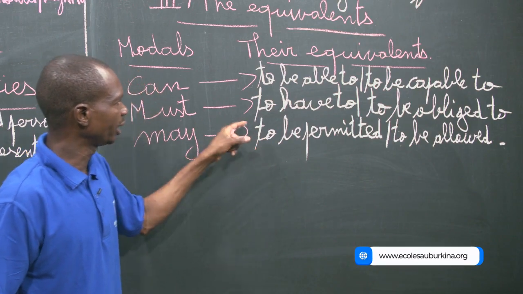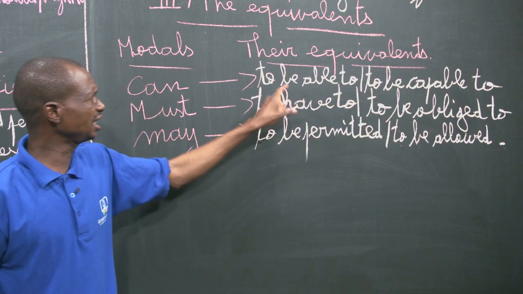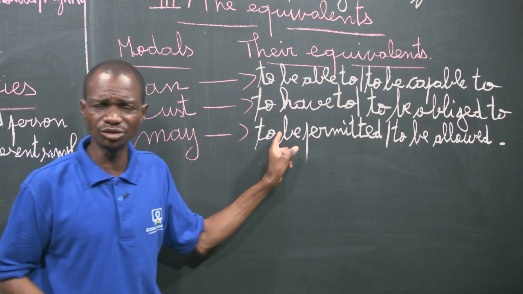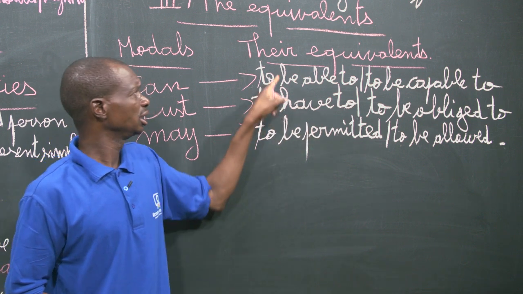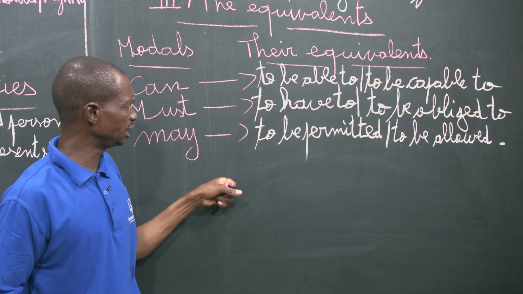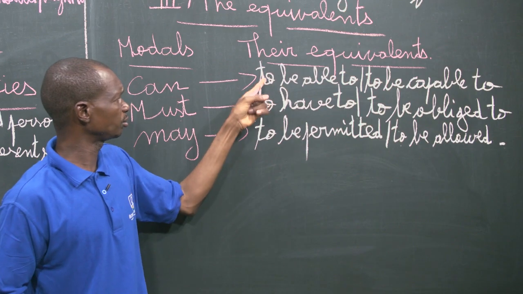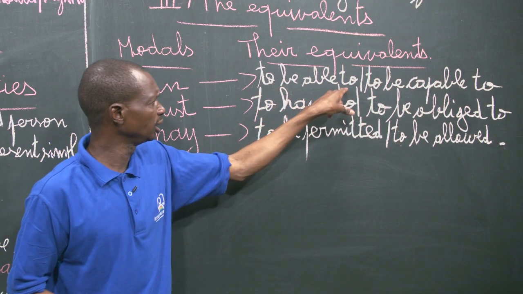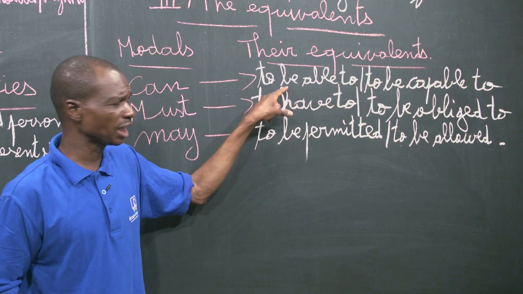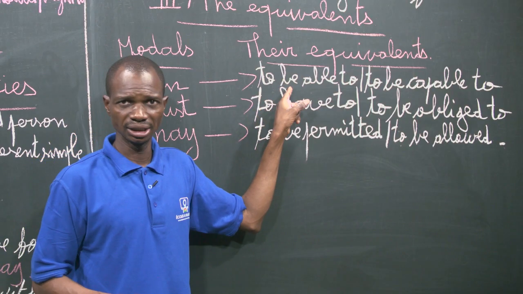So we can use these equivalents in order to give the past participle of the modal auxiliaries. For the first modal, we use to be able to, and the past participle of to be is been.